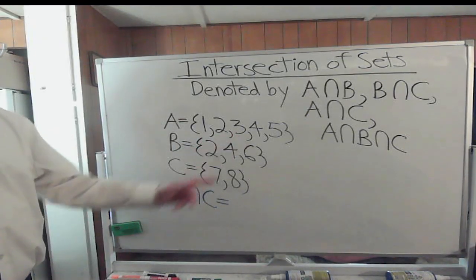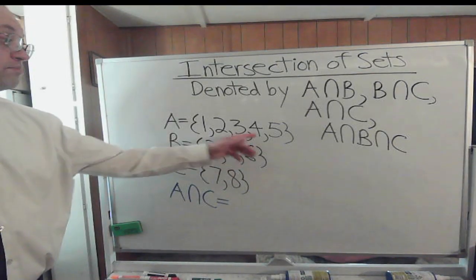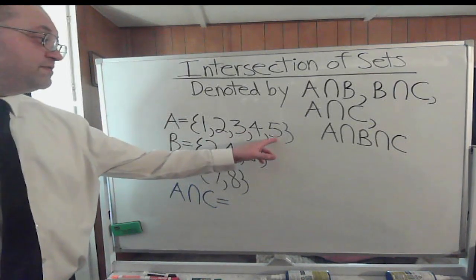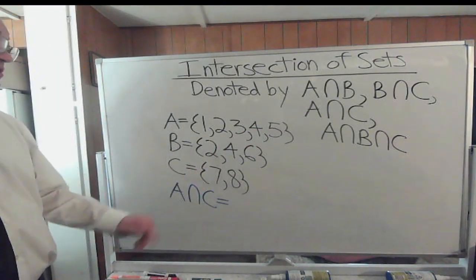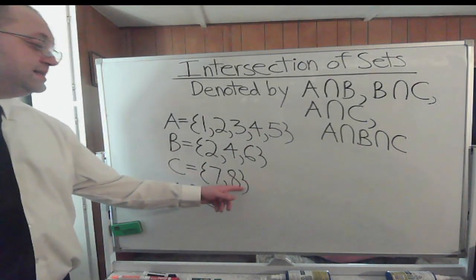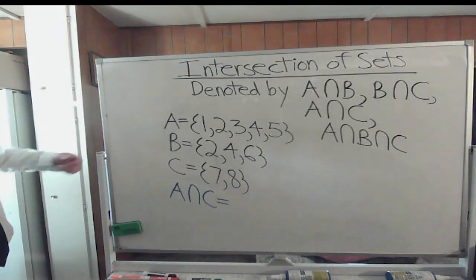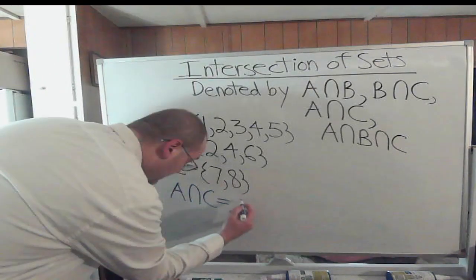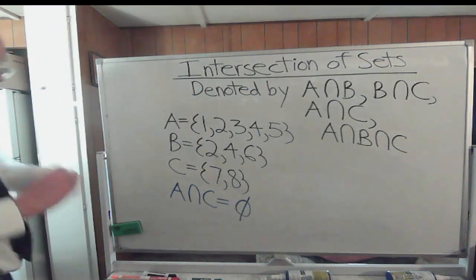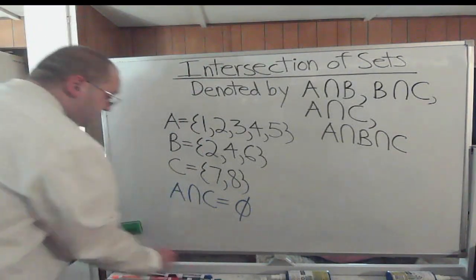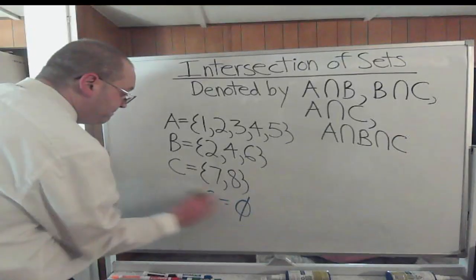That's also only in set A. How about a 4? That's only in set A. How about a 5? Only in set A. How about a 7? No, that's only in set C. How about an 8? Only in set C. So you get yet another disjoint set, or an empty set. That would be your answer for A intersects C. You would get the empty set.